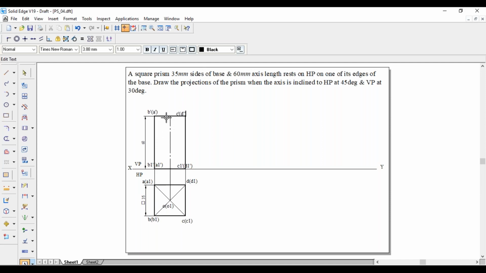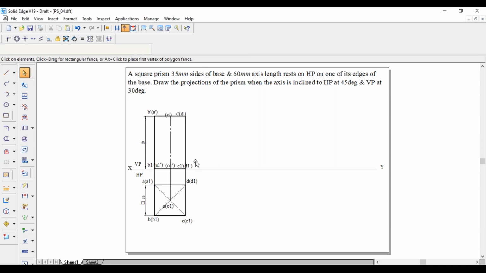So the axis is invisible, so in the bracket O dash and in the bracket O1 dash. This completes the first position.